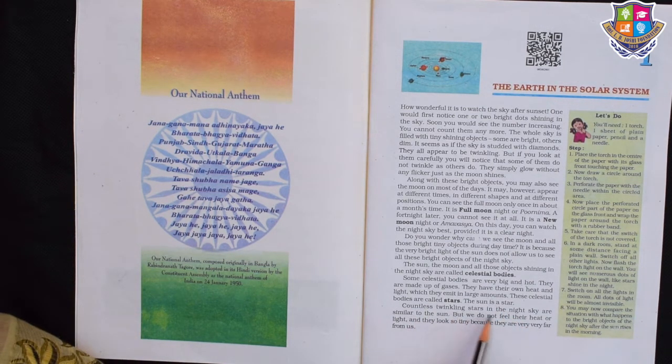Countless twinkling stars in the night sky are similar to the sun, but we do not feel their heat or light, and they look so tiny because they are very, very far from us, from the earth.